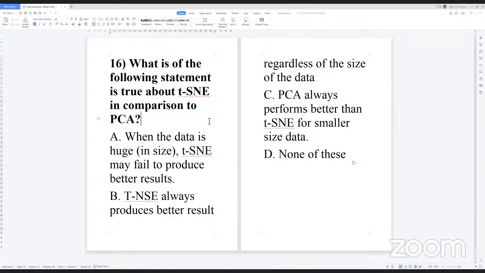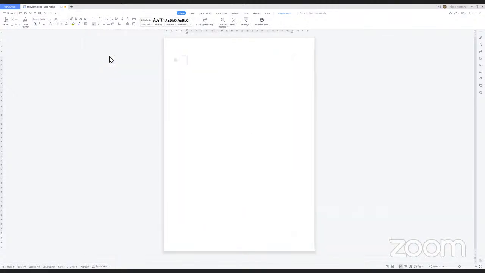And D, none of these. What would be the answer for the 16th question? Option A is the correct answer, which states that when the data is huge in size, t-SNE may fail to produce better results. Okay, we'll go to the next question.